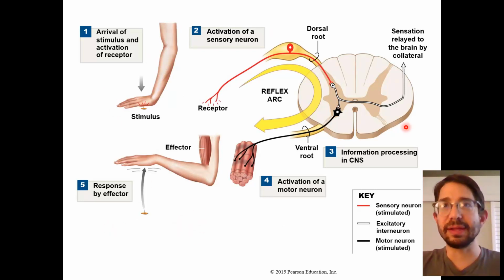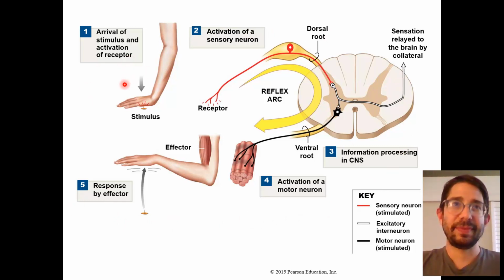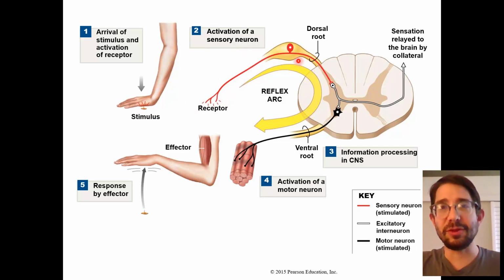In this arc, right, this is kind of like an arc shape, we start with the arrival of the stimulus and activating some kind of sensory receptor. In this case, we've got a pain receptor being stimulated. So the receptor will activate a neuron to actually carry that information into the central nervous system.